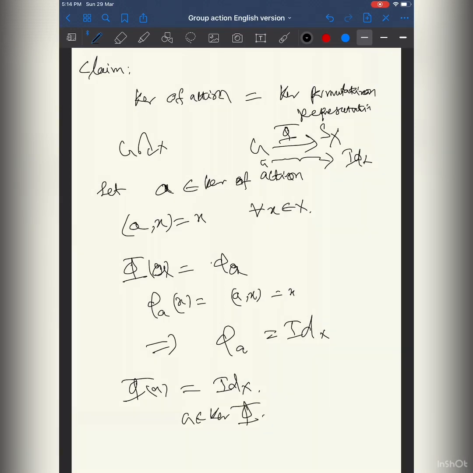The reverse direction is easy, you just prove it. This is very important to prove, and it is going to play a vital role later on in the subject. Okay. All I wanted to show is that giving an action is the same as giving a homomorphism. This is what I wanted to do in this video. Okay. Later on I will give you different examples.